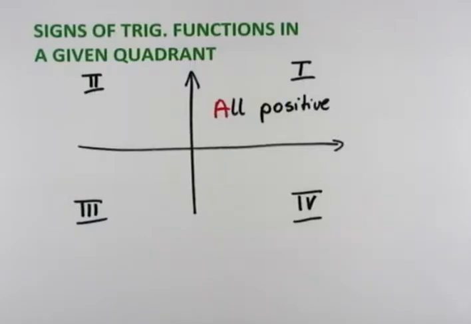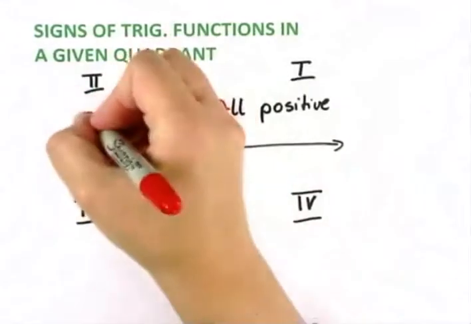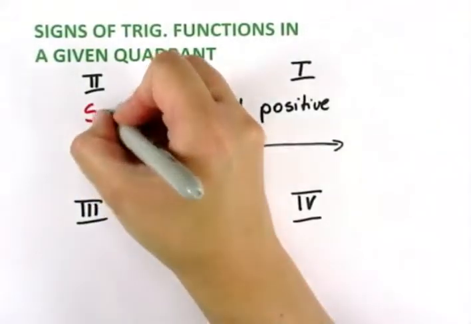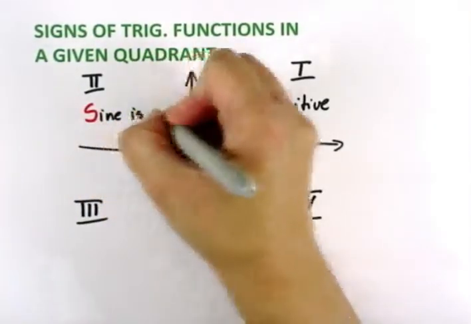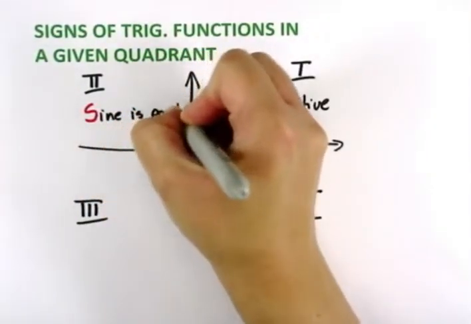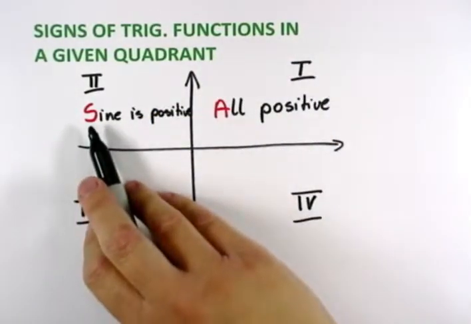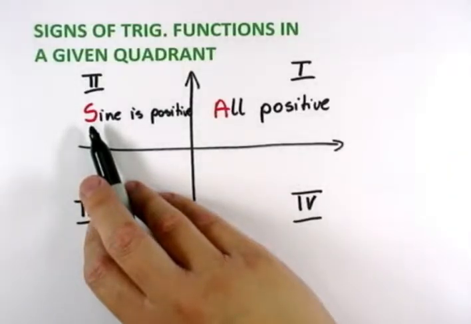And now in the second quadrant, only sine is positive. Sine and its reciprocal. So sine is positive, cos is negative, and tangent is negative. And the reciprocal of sine, cosecant, is also positive.